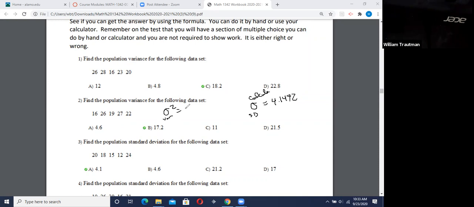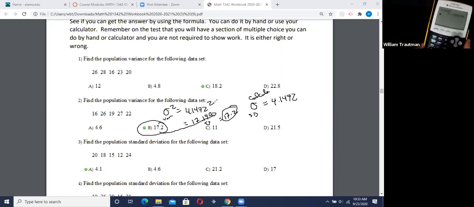So on my calculator, I put 4.1472 and square it, and I get 17.199. If I take it to one decimal place, I get 17.2. And sure enough, that's the one that has a green mark on it, 17.2.